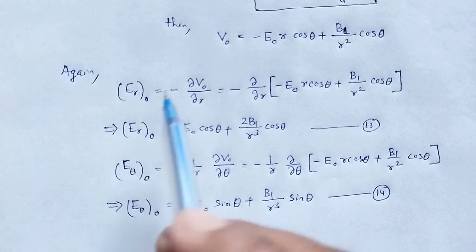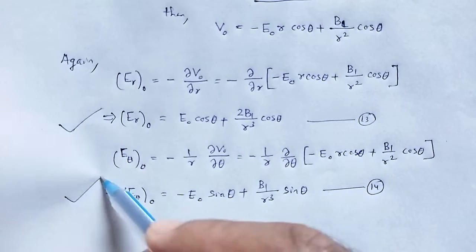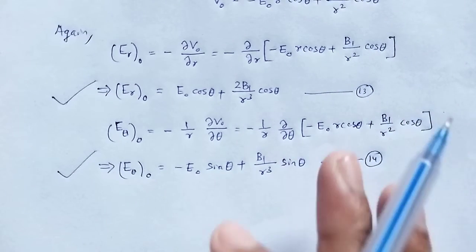Then these are E R outside, E theta outside. Again E R inside and E theta inside.